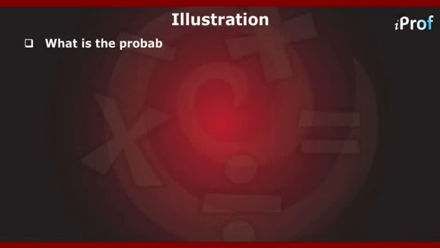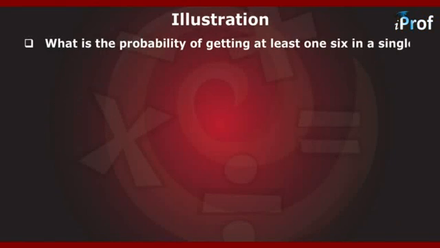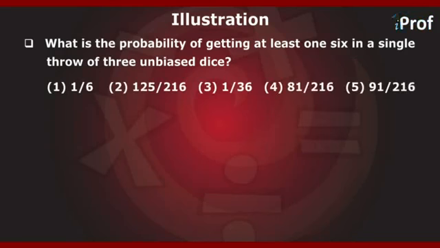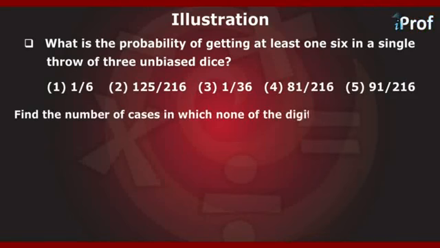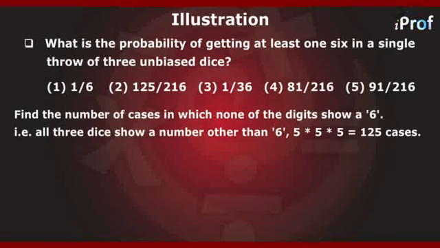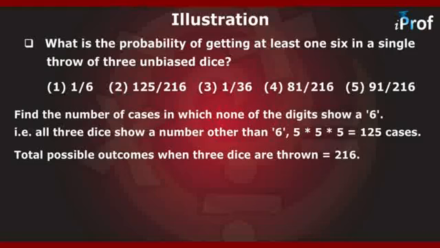What is the probability of getting at least 1 six in a single throw of 3 unbiased dice? We have to choose the correct alternative. Find the number of cases in which none of the dice show a 6. That is, all 3 dice show a number other than 6. 5 into 5 into 5 is equal to 125 cases. Total possible outcomes when 3 dice are thrown is equal to 216.